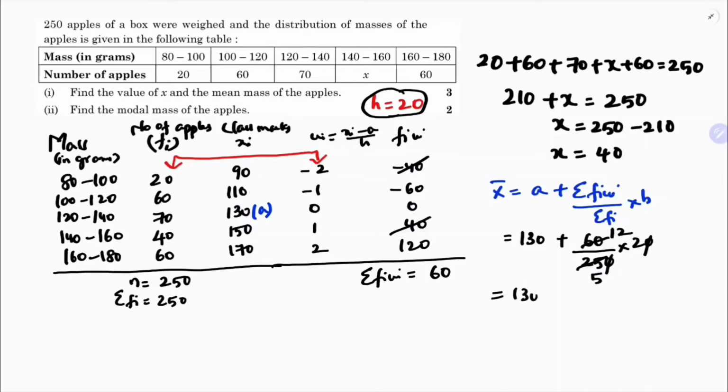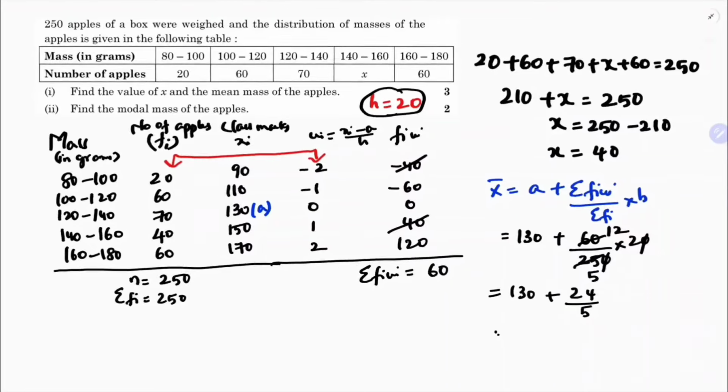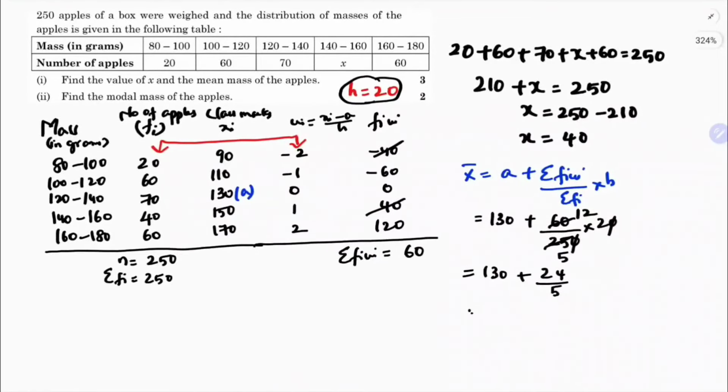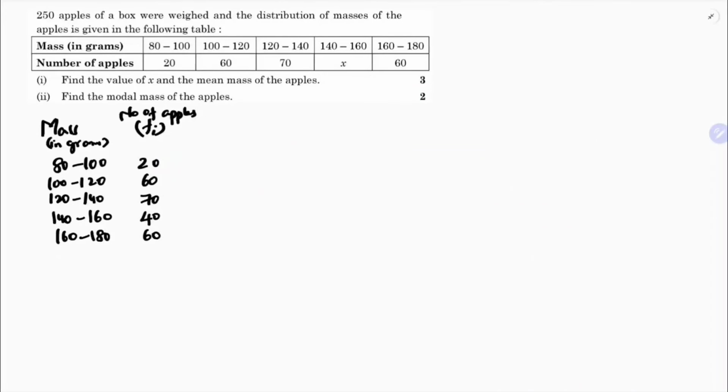So you will get 130 plus 12 times 2, 24, by 5. So 130 plus 24 by 5. 24 divided by 5 is 4.8. So you'll get the answer 134.8.